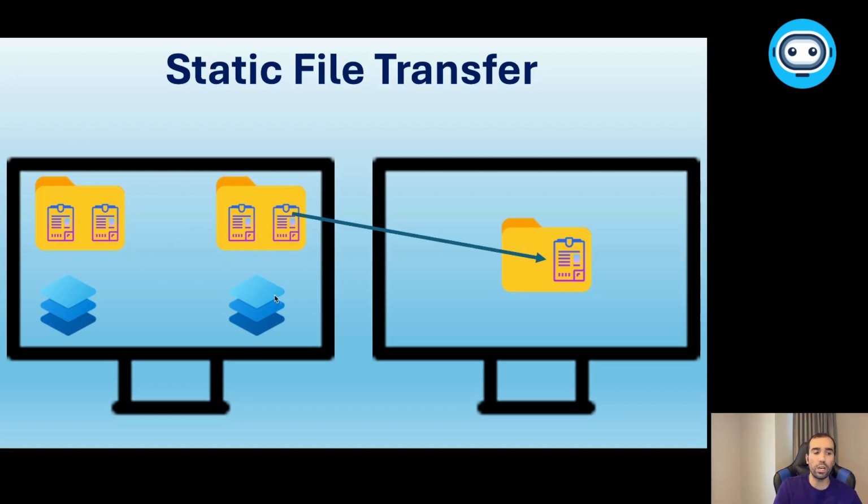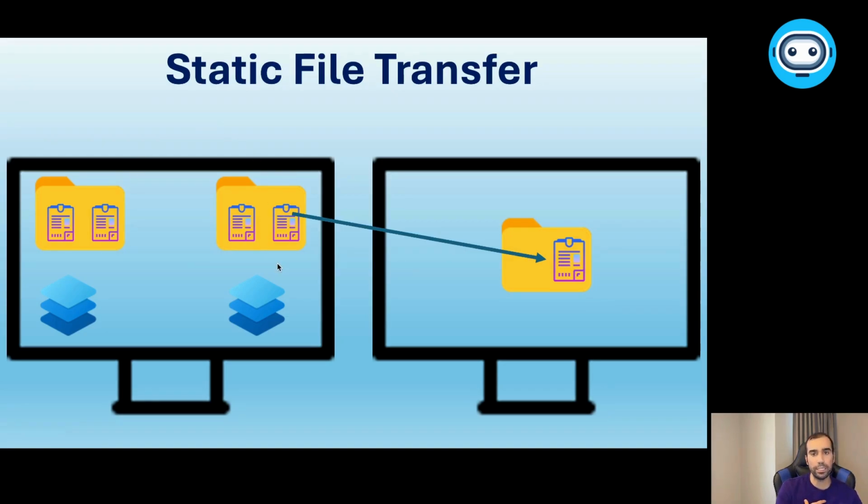Here we have two computers. Imagine the left side computer is my computer and the right side computer is my friend's computer. Imagine someday my friend comes to me and asks me, Mohammed, can you please send a photo of yourself to me? What will I do? I will look for folders inside my computer, and inside one of the folders, for example the media folder, I will find an image of myself.